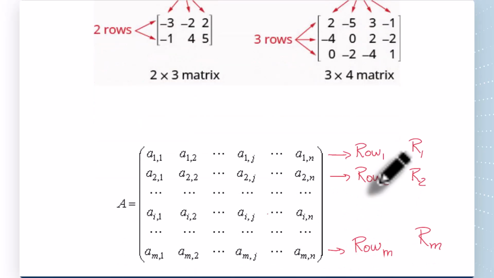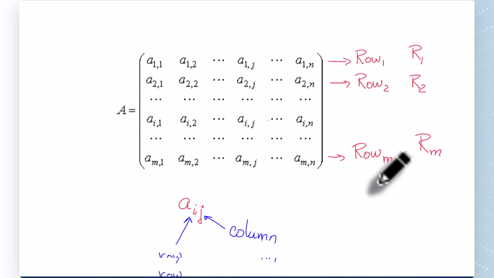In general, a matrix looks like the following. I've got the top row, which is row 1, row 2, row 3, row i, and finally row m. And you see the numbers that are inside there. The first number says what row it's in, and the second number says what column it's in.